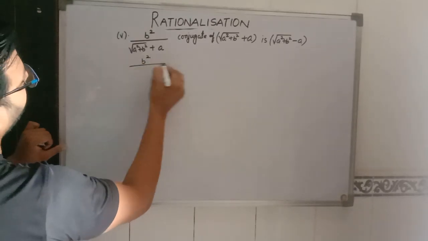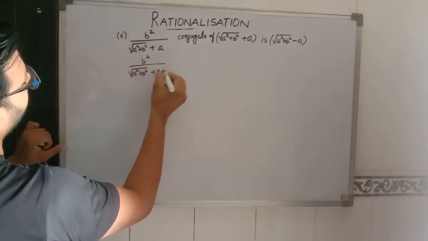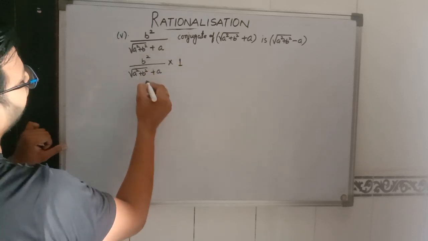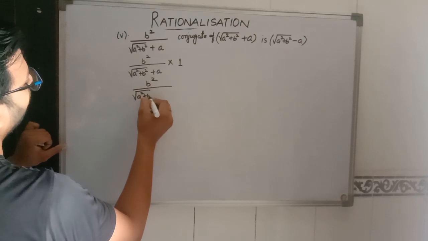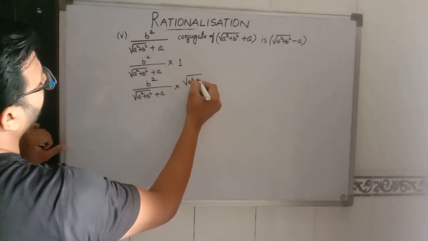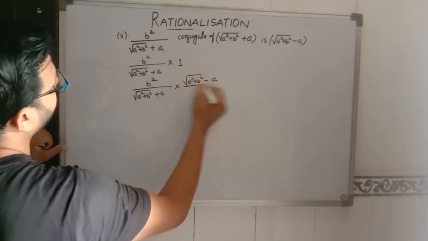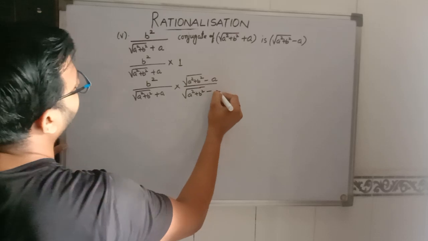Now b square upon root a square plus b square plus a, multiply by 1. Now we are converting 1 into the same numerator and same denominator. So it can be written as multiply by root a square plus b square minus a upon root a square plus b square minus a.